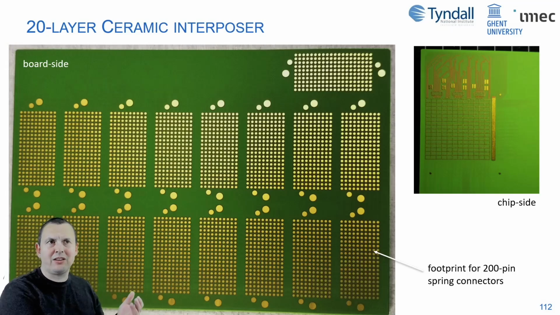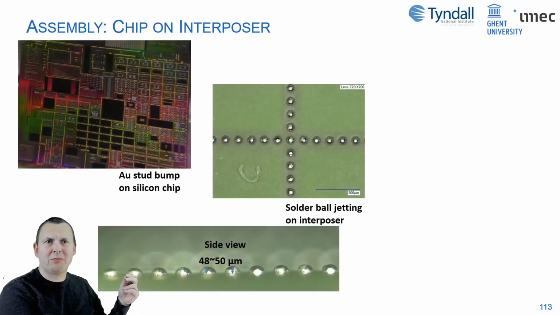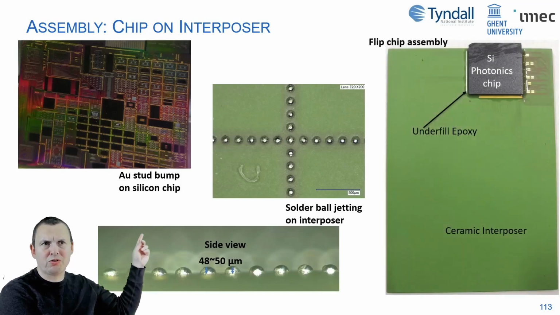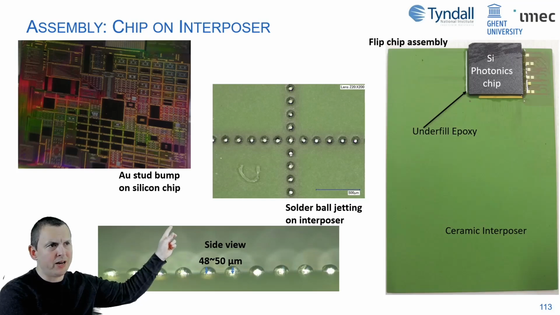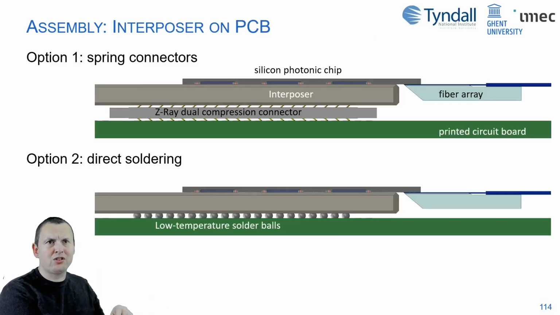So this is a way, starting from our photonic chips, we can put gold stud bumps on them. We then solder jet the balls on the interposer, do a flip chip of the chip on the interposer. So you see the silicon photonics chip in black sitting at the top right. And then the interposer, the bottom side, has all these wider space connections. This can be put on a printed circuit board either with a connector, a spring-based connector, or with solder balls.